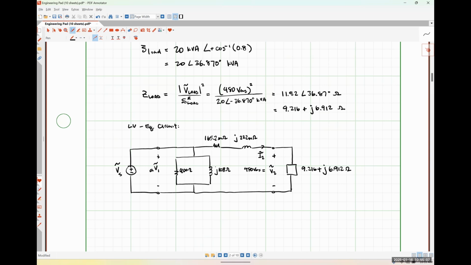So how might we figure out what A times V1 is, and then from that figure out what V1 actually is, which would be our input source voltage on the primary side, or the high voltage side, of our transformer?